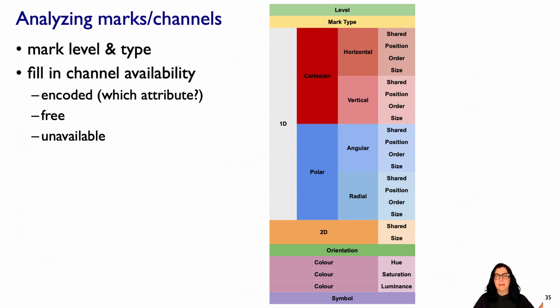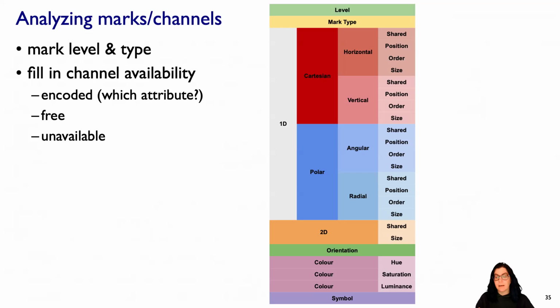And then we can think separately about, well, in just one dimension, either we could be Cartesian or we could be polar. And then if it's Cartesian, it's horizontal, vertical. If it's polar, it's angular and radial. And then we can think about these things we just talked about. Are there shared borders in that direction? Is position being used? Is order being used? If position isn't, is size in use?